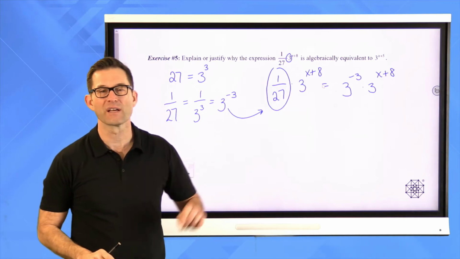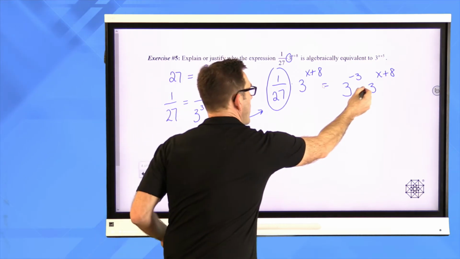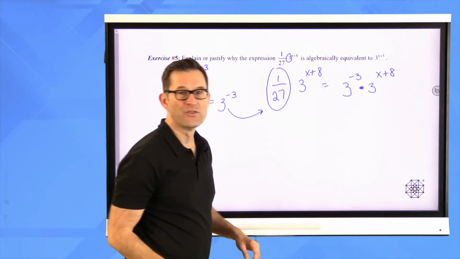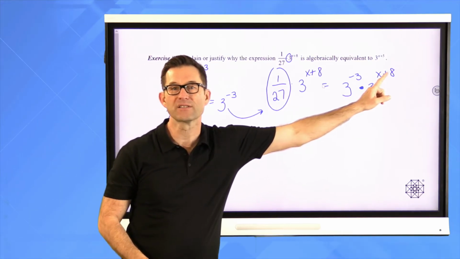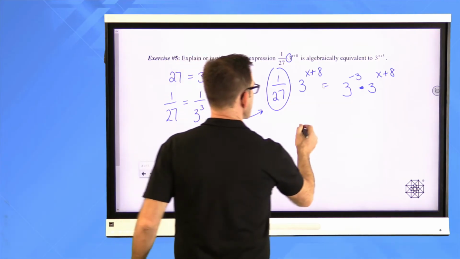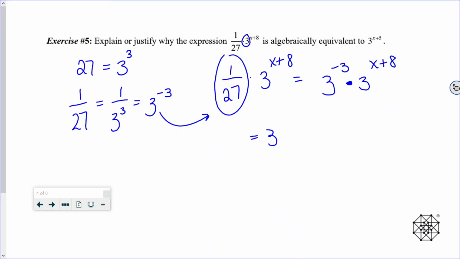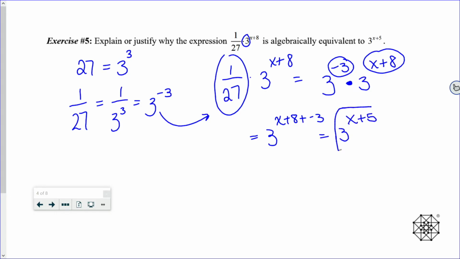In fact, it's the first exponent property that says when I multiply two things that have the same base, I'm going to add their exponents. So 3 to the minus 3rd times 3 to the x plus 8 is going to be 3 to the x plus 8 plus negative 3, right? I'm just adding this to this, and that is going to be 3 to the x plus 5.